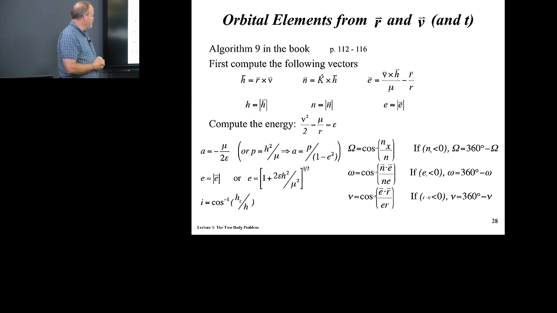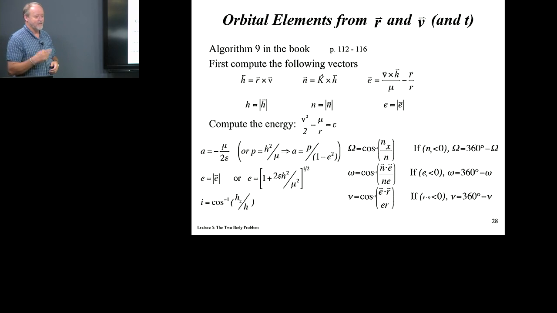Last time Mark went through this algorithm of how to get orbit elements from position and velocity in time. It's algorithm 9 in the book. This is one of the algorithms you'll code up in the homework this week. So the way to attack this homework is simply to code up the algorithm from the book.